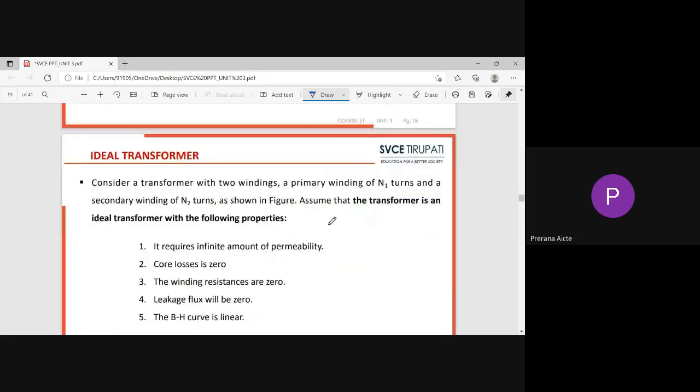Now we are going to take some assumptions for an ideal transformer. Practically it is not possible, but considering ideal cases we take some assumptions. What are those assumptions? It requires infinite permeability.